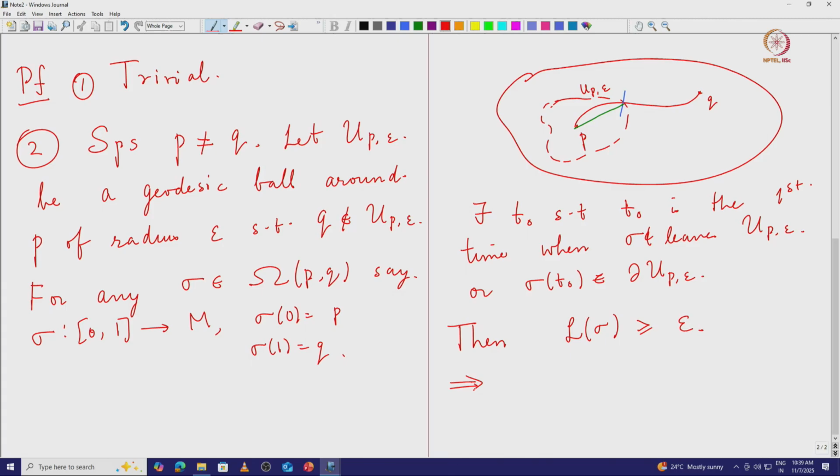So that means that the infimum over all sigmas connecting P to Q is going to be bigger than or equal to epsilon, which means that this function d of P comma Q is going to be at least epsilon, so it can't be 0. So this proves positive definiteness.